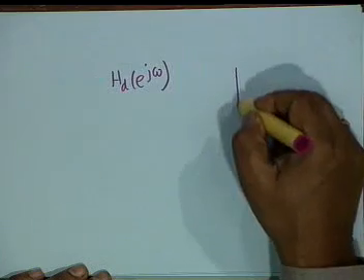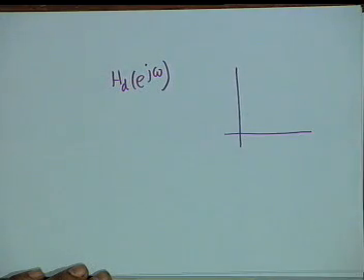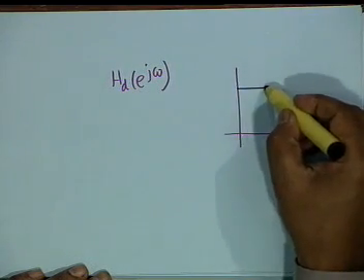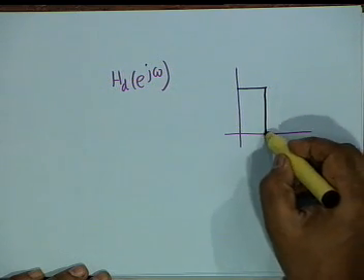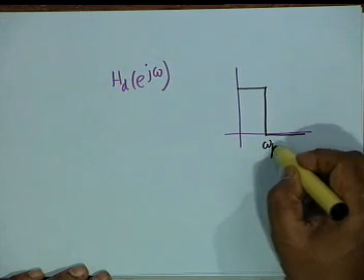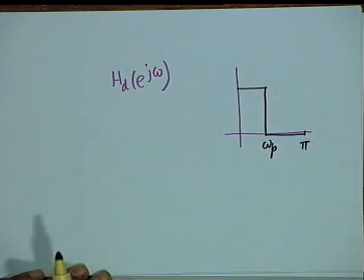You aim at the ideal. In other words, you assume that the magnitude of H d of e to the j omega follows the ideal filter, that is, 1 up to omega p and then 0 up to pi.